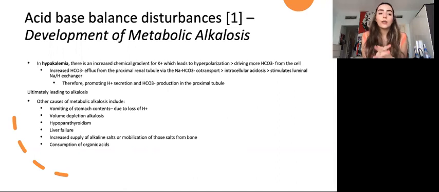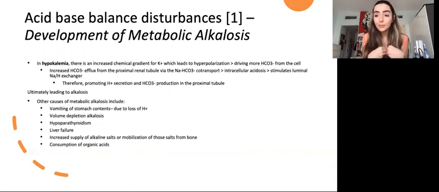It can occur in hypokalemia, where there is an increased gradient for potassium because there's less outside and the same amount inside, so the gradient between the two is increased, leading to hyperpolarization, and this drives more bicarbonate from the cell.